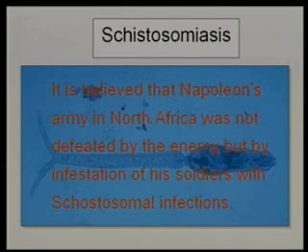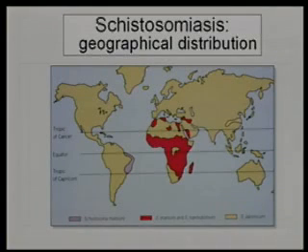I mentioned to one of you earlier, it is believed that Napoleon's army in North America and Africa was not defeated by the enemy, but by the infestation of his soldiers with schistosomal infections. So it is prevalent, it's endemic in the northern parts of Africa. As you can see here, it's the central, southern, as well as northern part.